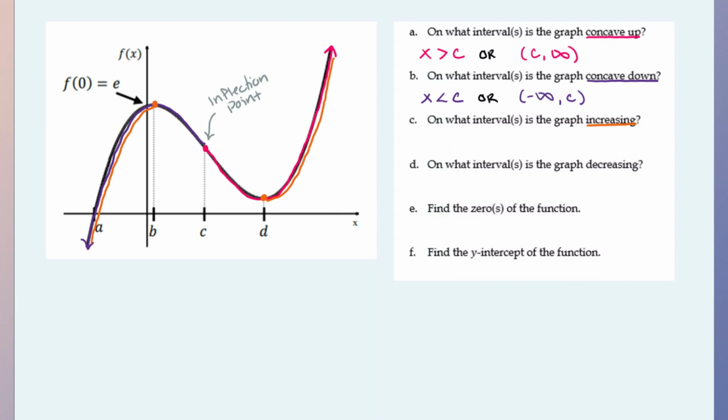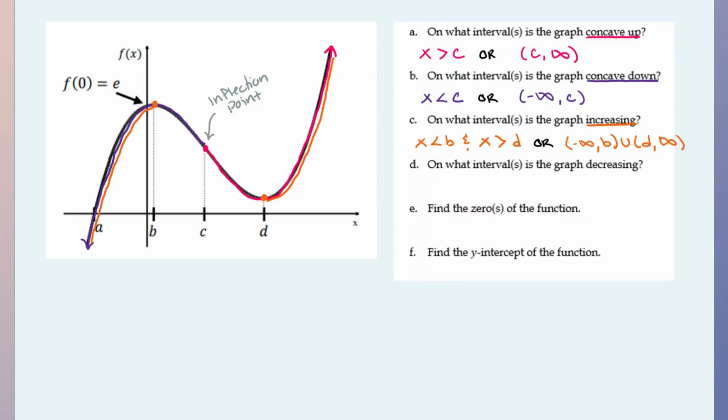So you're going to have two parts here. For inequality, we're going to say X is less than B, and X is greater than D. And then for interval notation, you can use negative infinity and infinity, and don't forget the U between is going to be your and symbol for math.